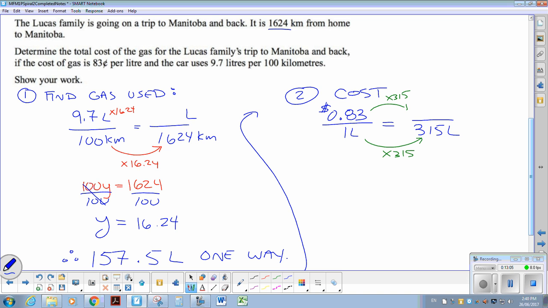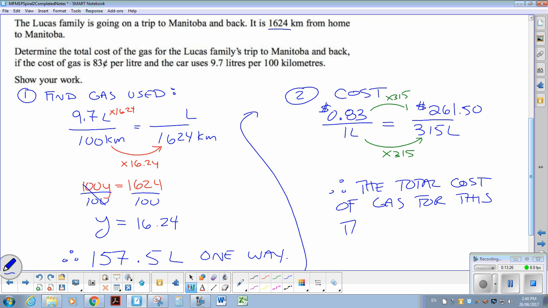If we do our multiplication, times 0.83, we end up with 261.5. Therefore, the total cost of gas for this trip is $261.50.